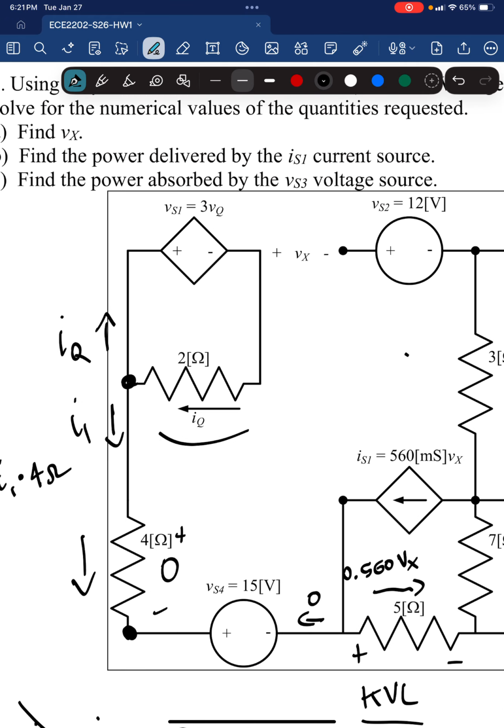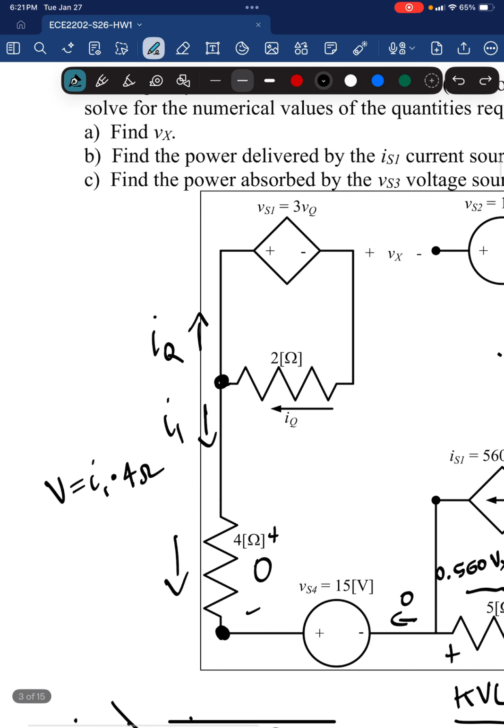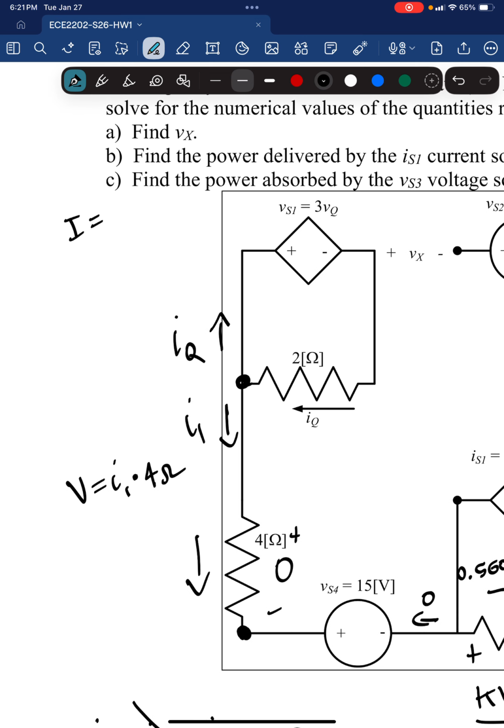When we're solving for currents, we have two ways to do so. The first way is Ohm's law. I is equal to the voltage across a resistor divided by that resistance. And of course, that only works if you have a current traveling through a resistor, which we do. The other method is KCL, but we don't need to worry about that because we can use Ohm's law here.